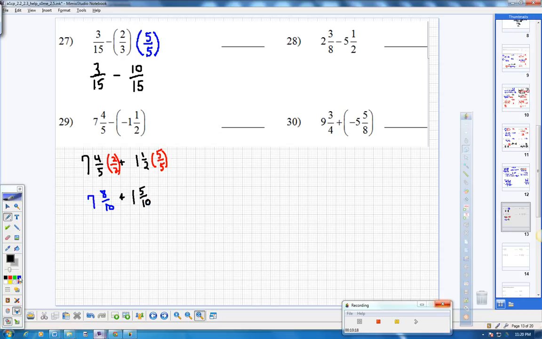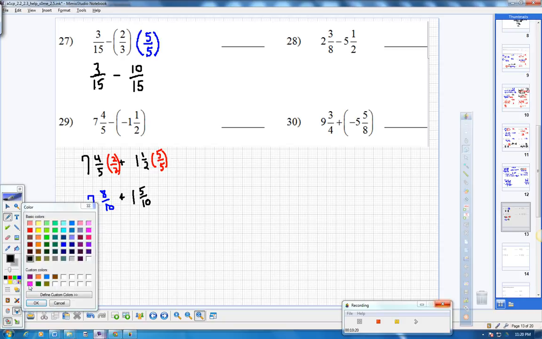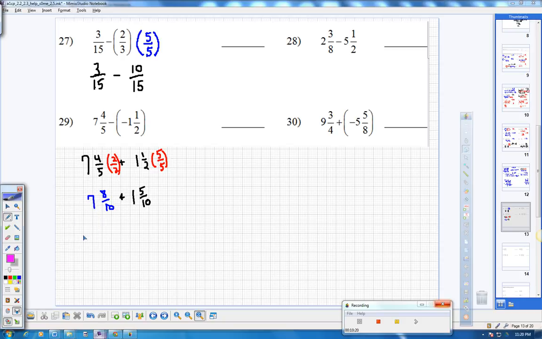Now I can split them apart. Take the integer values, 7 plus 1. Okay, and I would always put addition in between, and then 8/10 plus 5/10. Now this is where things get a little interesting. I have to know how to interpret the fraction that I get.